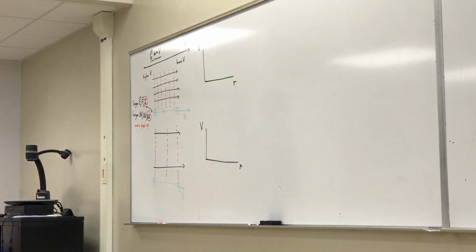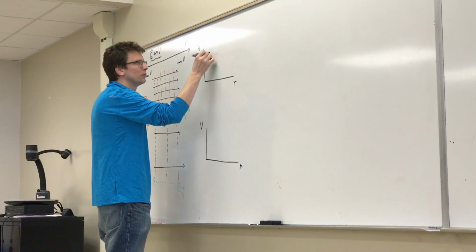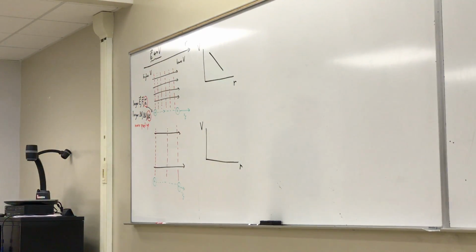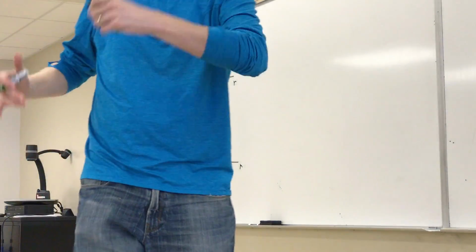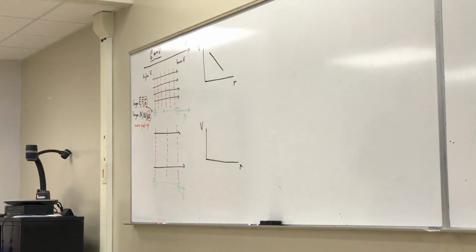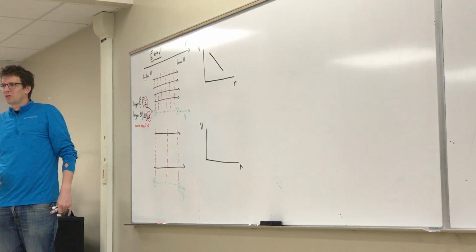I don't really have an origin set yet, so I'm going to just draw it as kind of like a segment here. It's going to look something like this. I haven't yet set an origin or anything, so I'm just going to draw what its rough shape is. I'm not going to try to place it in terms of where it lives. We'll do that later today. And we see the voltage dropping, but it is dropping at a constant rate.